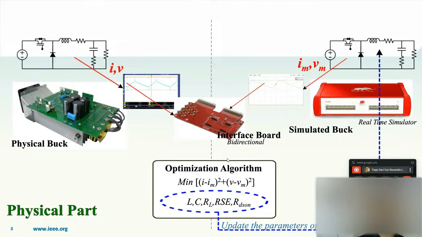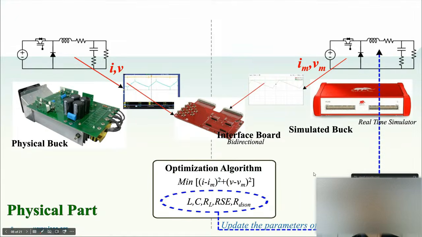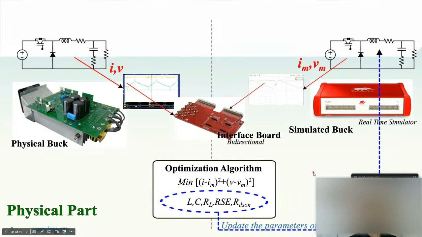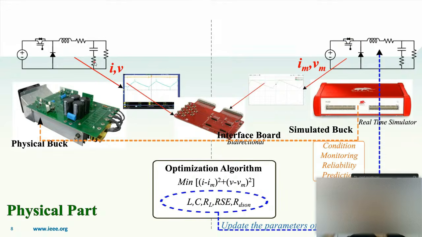If you go back to the picture that I have just presented to you, this is our digital twin, right? So if you have a more realistic model here, which is really faithful to the physical system, we can now add some other algorithm in order to do condition monitoring. We can also make some reliability studies. We can also make some prediction of failures.